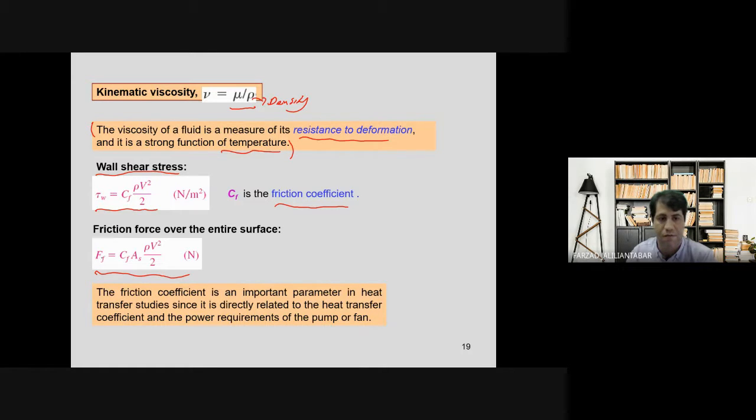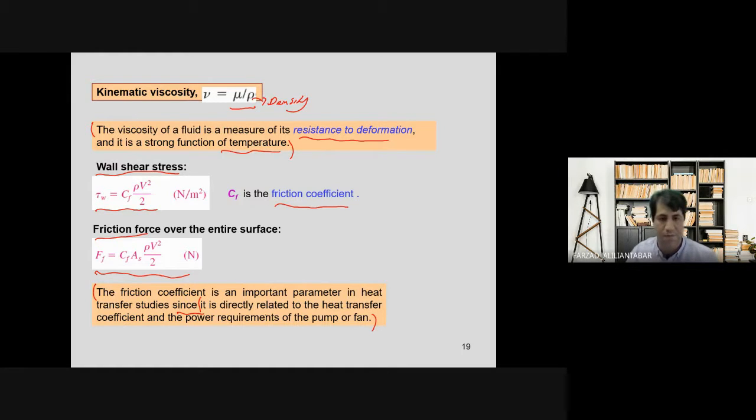This is F sub f, the friction force, and it will be equal to Cf As rho V^2 divided by 2. As is the surface over which the fluid is flowing. The friction coefficient is an important parameter in heat transfer studies since, now this is what I told you, it is directly related to the heat transfer coefficient and the power requirement of the pump or fan.